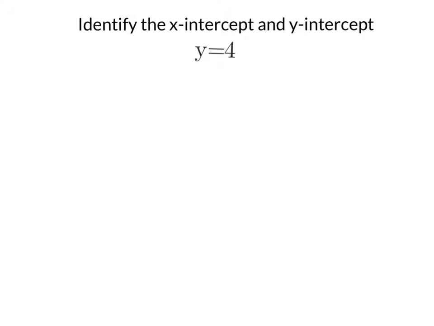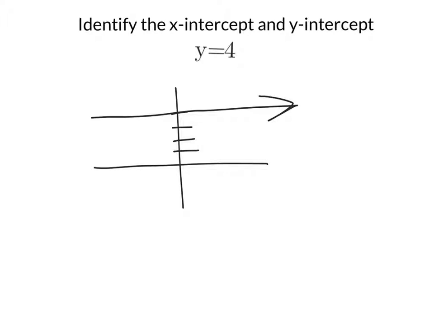And then last but not least, let's look at this equation, y equals 4. You should recall that y equals a constant represents the equation of a horizontal line. So 1, 2, 3, 4, it would look something like this. You can see that this horizontal line would never touch the x-axis. So let's write our answer like this.